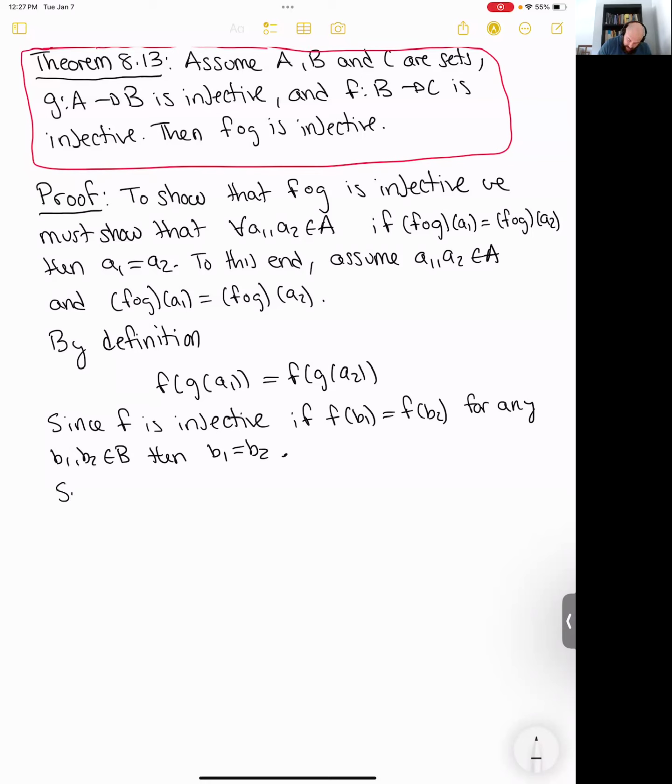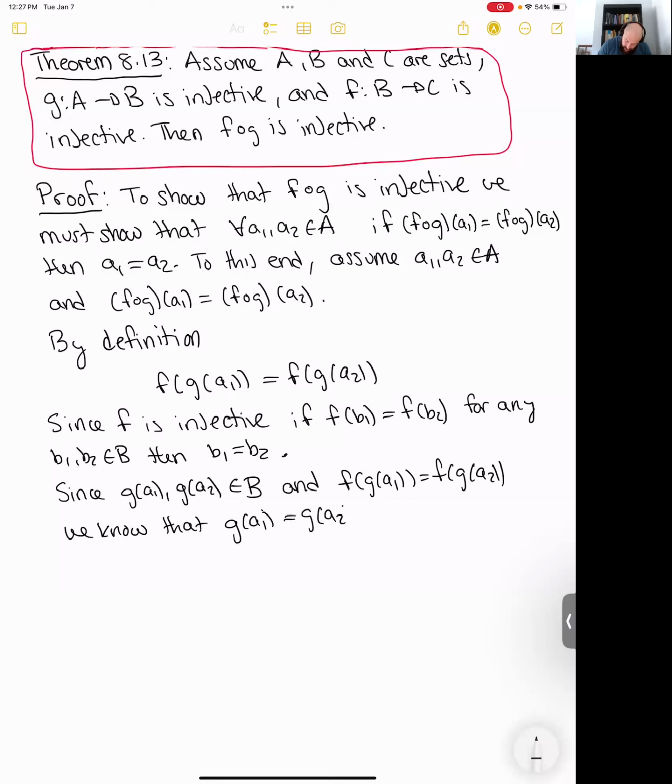And so since G of A1 and G of A2 are in B, and F of G of A1 is equal to F of G of A2, we know that G of A1 is equal to G of A2, right? So since F is injective.